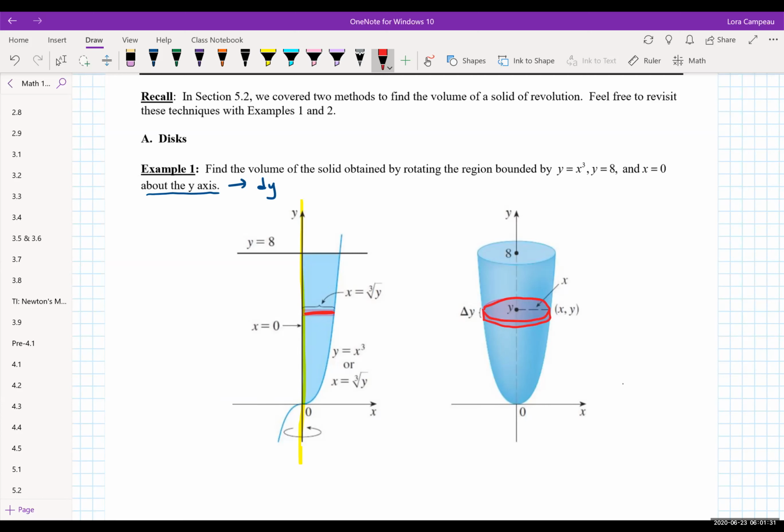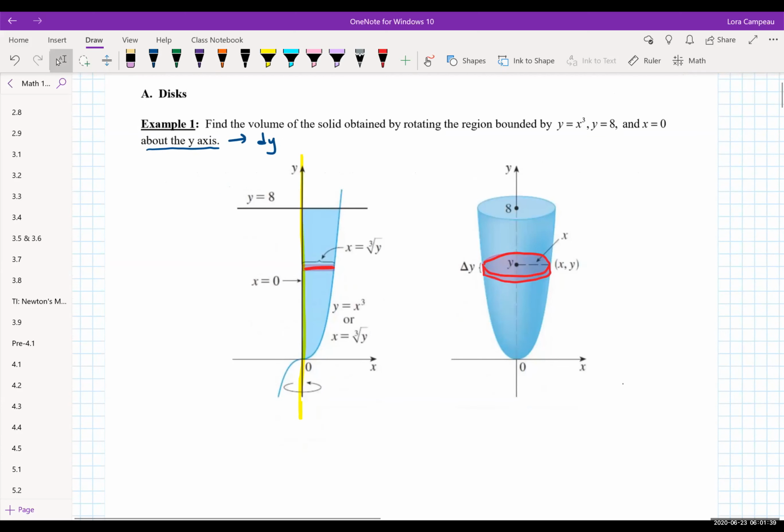When we are dealing with disks, we're always looking at understanding what's the volume of one. We have a quick formula.